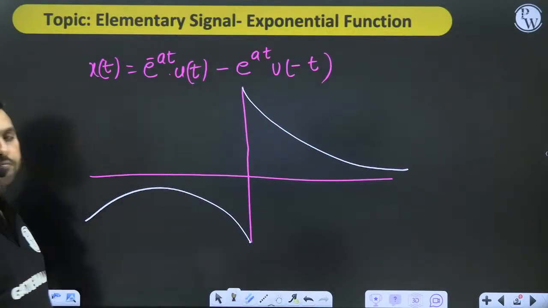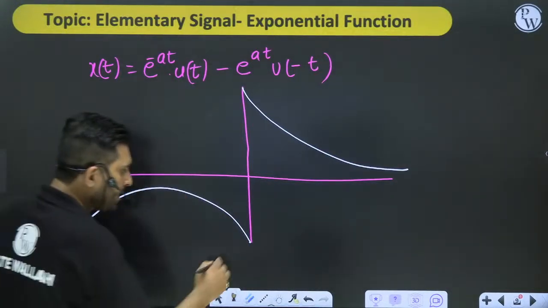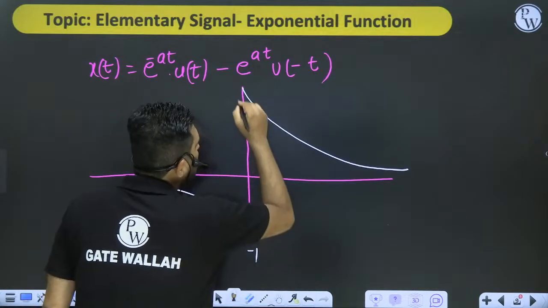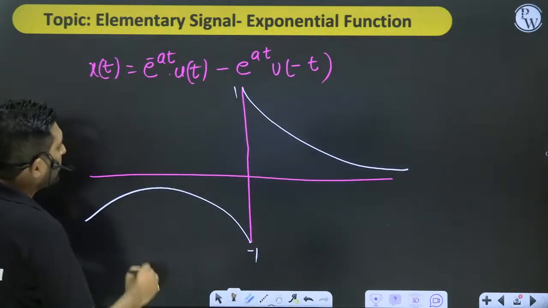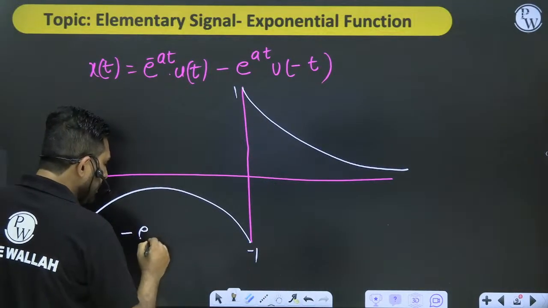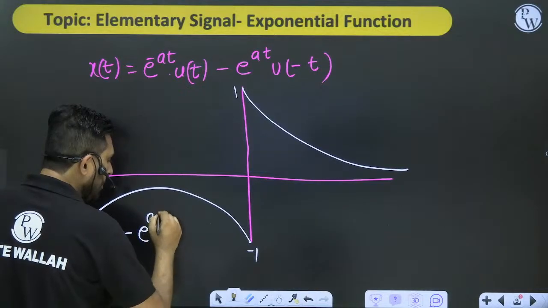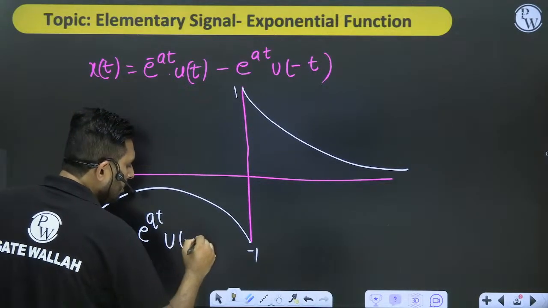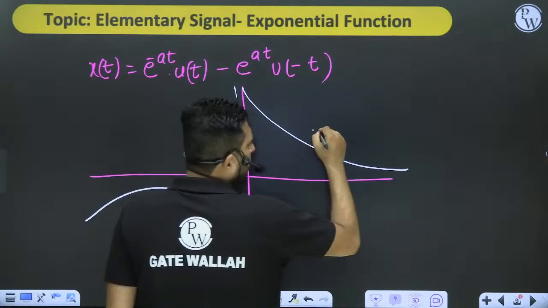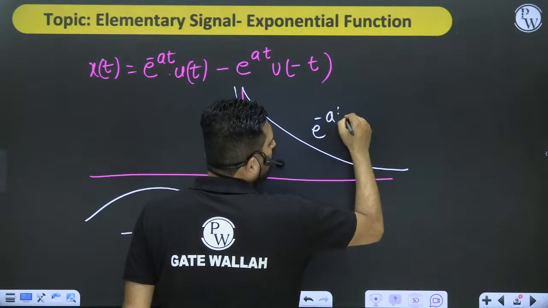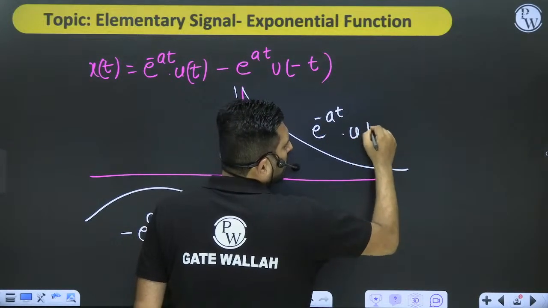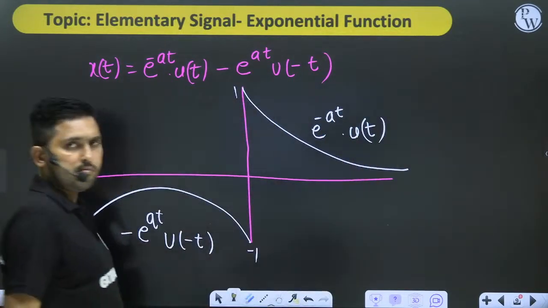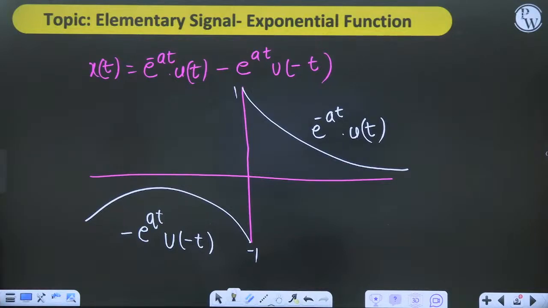So this is minus 1 and that is plus 1. This is the minus of e to the power at u(minus t), and this is e to the power minus at u(t).